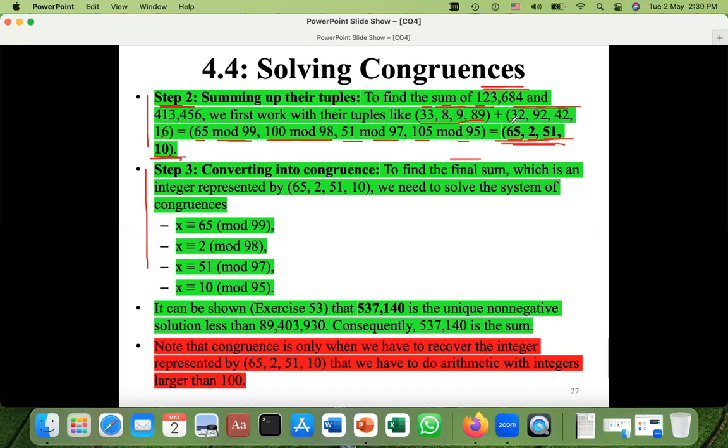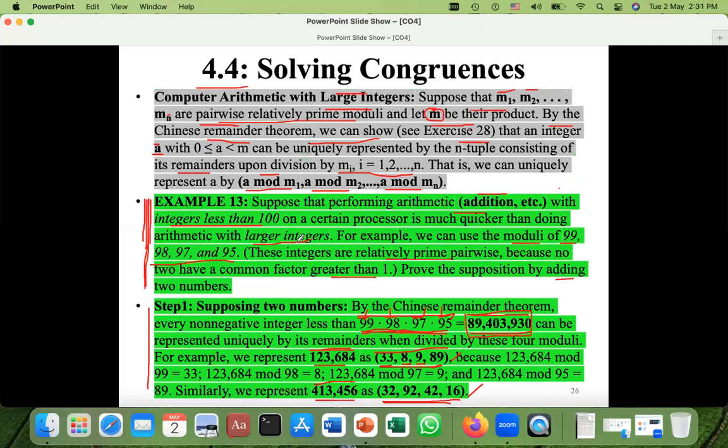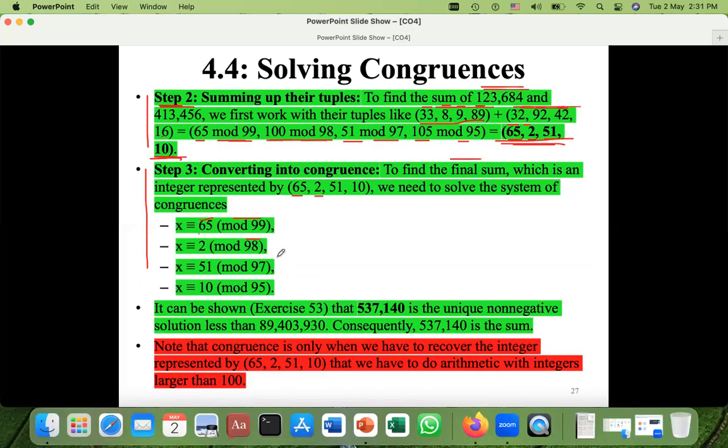So these are the remainders. You have all the information. So 65, for example, here 65 and mod is 99. 2 and mod is 99 from the previous information. Similarly, this is the congruence form.